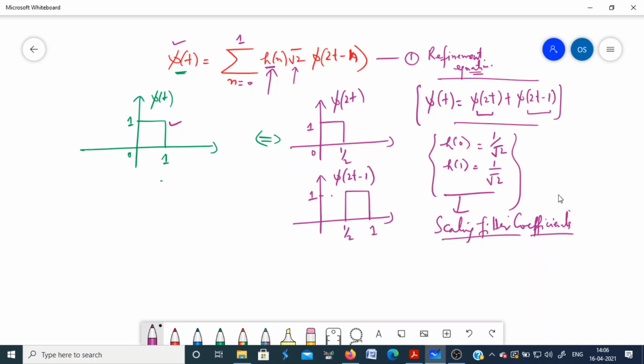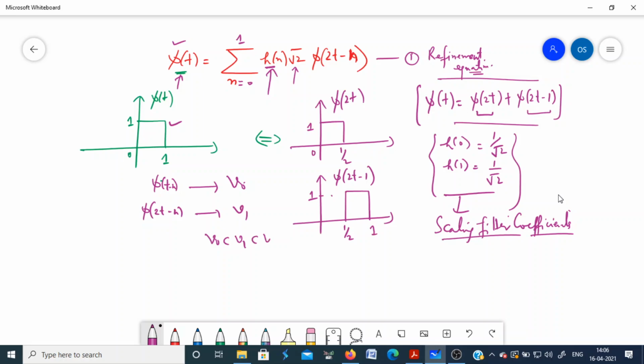Because of this equation only, you can express phi t in terms of its own scales. It means if phi t spans a space V0, then phi 2t minus k spans a space V1, and in that case V0 will be a subset of V1.